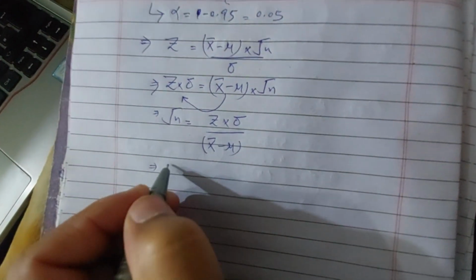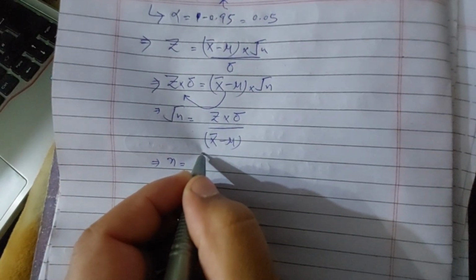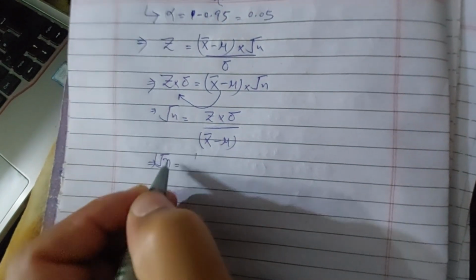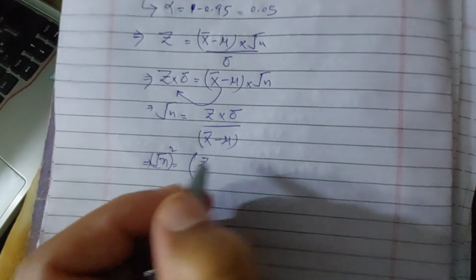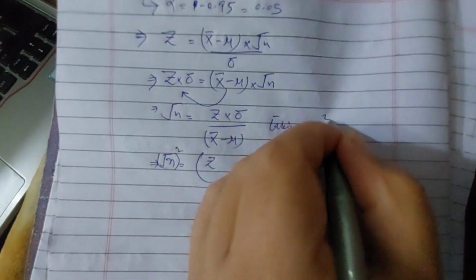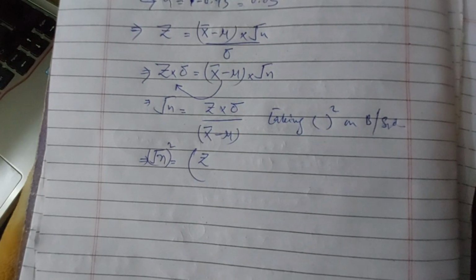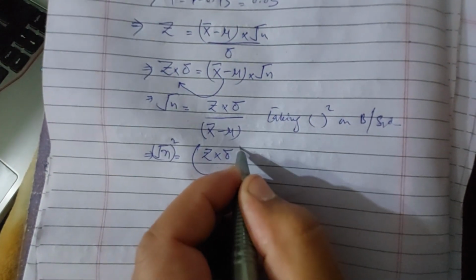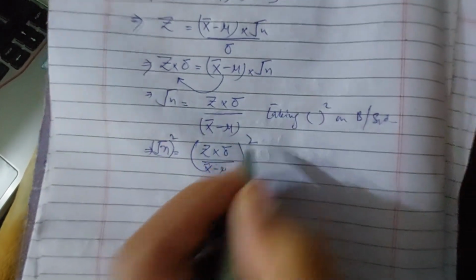Taking squares on both sides, the square root of n whole square is equal to z multiplied by standard deviation divided by x bar minus mu, whole square.